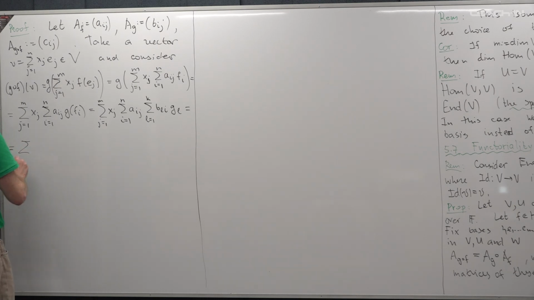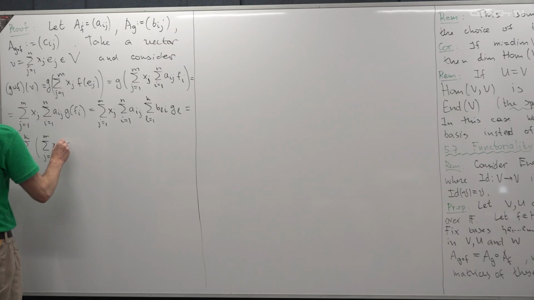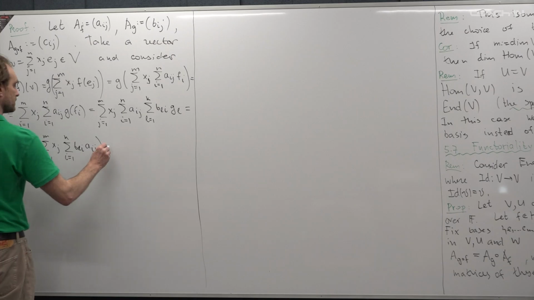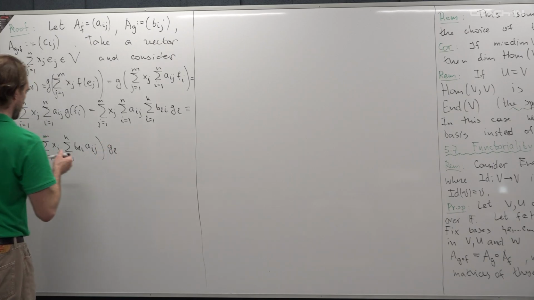So first I write the sum over l, then I put the sum over j, sorry, and then I put the sum over i, and here we get b sub li times a sub ij, and the whole thing is multiplied by g sub l.